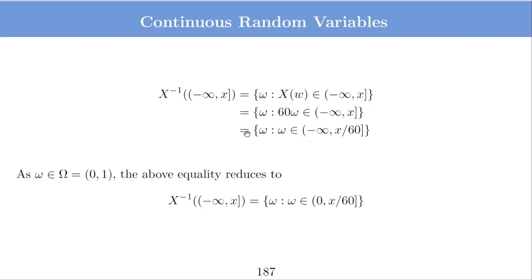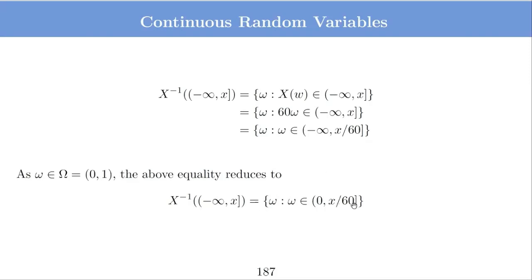So this is the set of all omega such that omega belongs to (minus infinity, x/60]. Because omega can only be between 0 and 1, it cannot take a value less than 0. So this condition is equivalent to saying that the pre-image is the set of all omega such that omega is between 0 and x/60. And of course it is also less than 1.